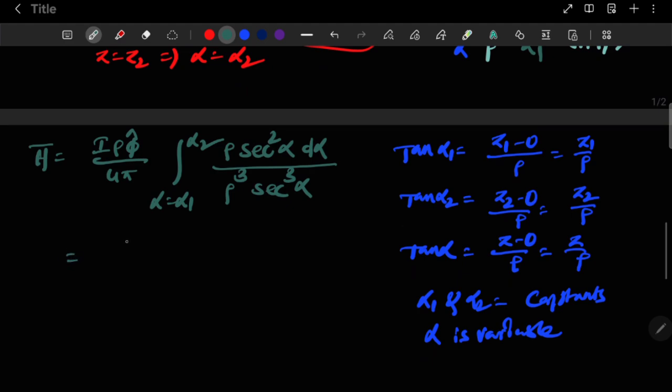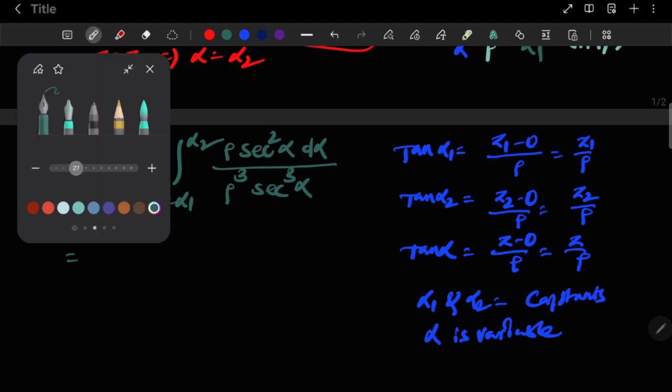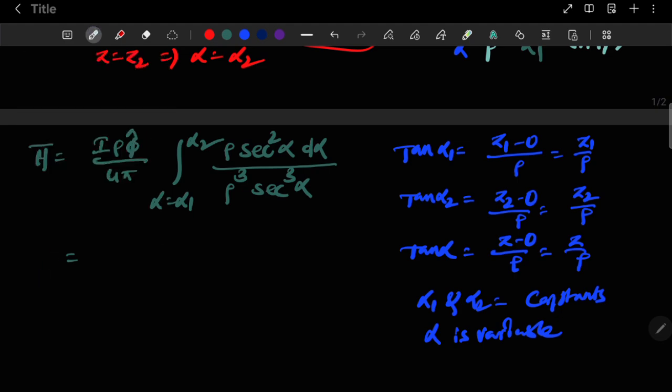Then it is equal to, if you observe, in the numerator rho square is there, in the denominator rho cube is there, so one rho will come. And it is secant square, it is secant cube. So 1 by secant, that means cos. So I by 4 pi rho we will get. Rho square by rho cube means in the denominator we will get a rho.